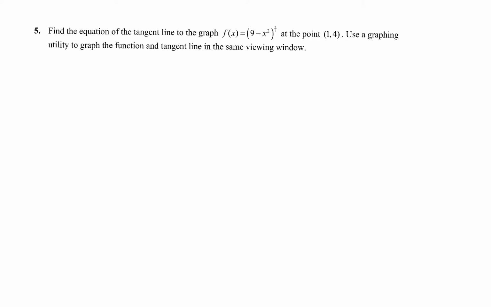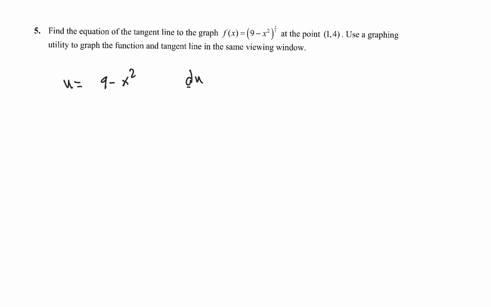Find the equation of the tangent line to the graph f of x equal 9 minus x squared. So we name u, because to find the tangent line, we need the slope. So we name u like 9 minus x squared.